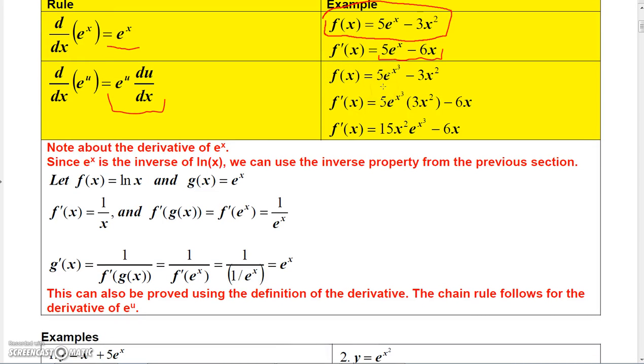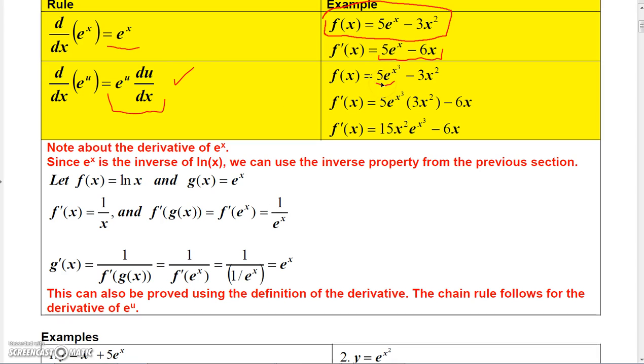Now, suppose instead of that exponent being x, suppose that exponent was going to be x cubed here. Well, then the derivative of 5e to the x cubed, we would have to use this formula, which employs the chain rule.